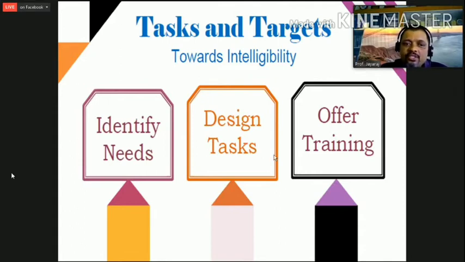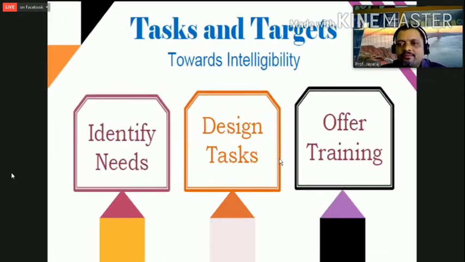And once you understand the needs of the learners, the problems of the learners, once you design the task to help the learners to come out of those problems, your training with regard to speaking and listening will take a very fruitful and productive path.